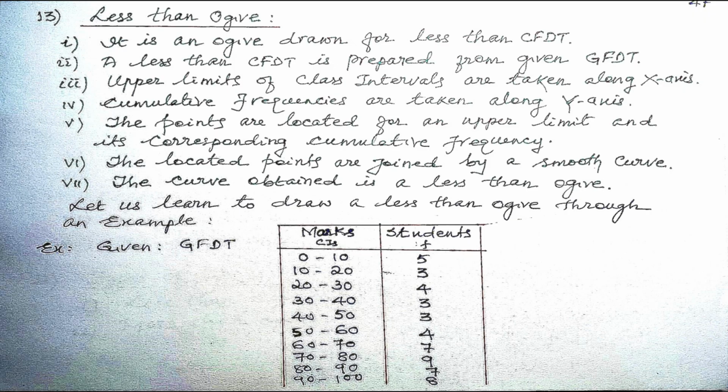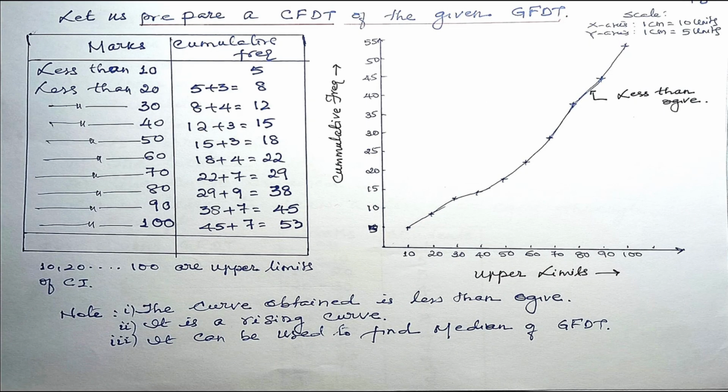So, please remember, in less than ogive we make use of the upper limits of the class intervals. Now, let us understand the preparation of CFDT from a given GFDT first, and then also proceed to understand how to draw ogive. Okay, let us proceed.